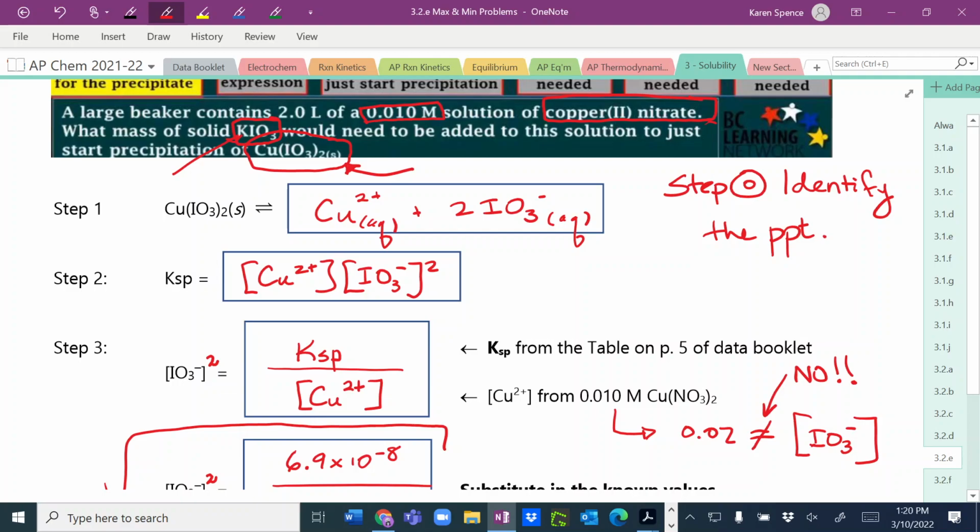So where is the copper ion coming from? It comes from copper nitrate, which is 0.1 molar, yes? Where does the iodate come from?